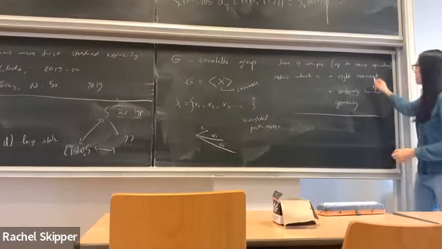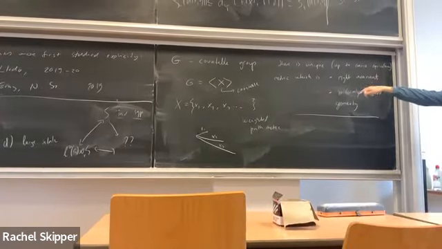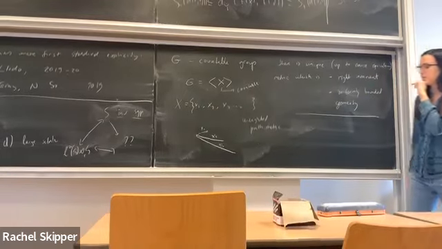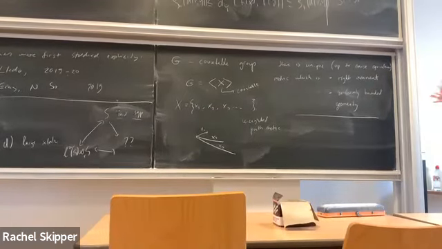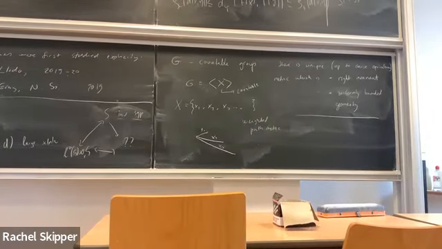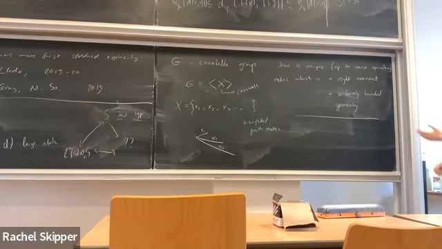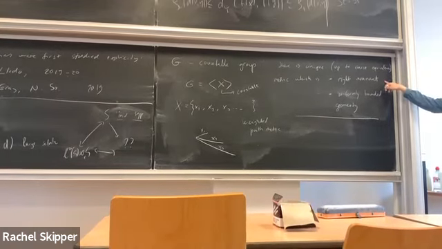So historically, I think the first motivation to consider countable groups as metric spaces came from topological groups. I think in the 30s, Birkhoff and Kakutani proved that any second countable Hausdorff group admits a right invariant metric.